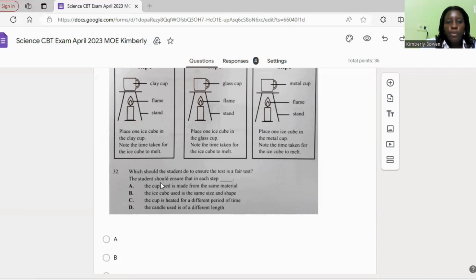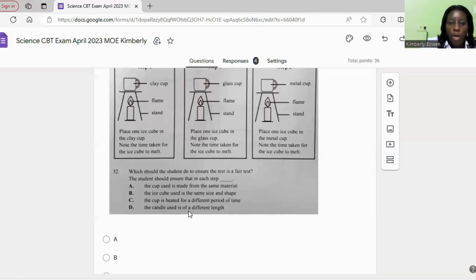The student should ensure that in each step, the cup used is made of the same material. The ice cubes used are the same size and shape. The cup is heated for a different period of time. The candle used is of a different length.